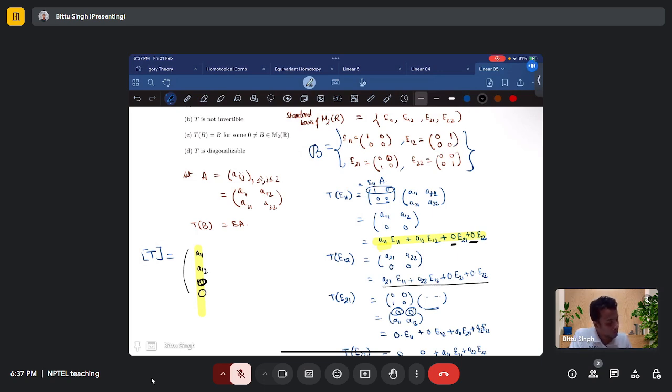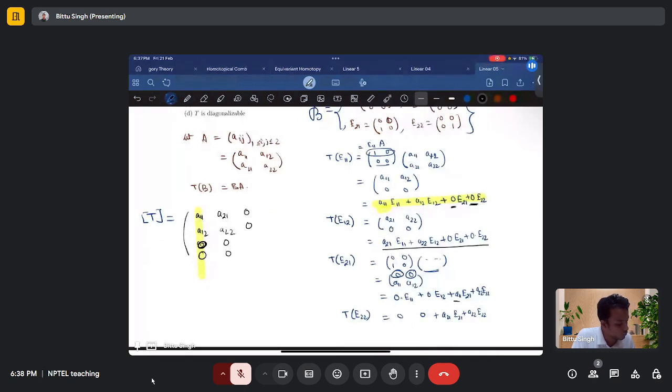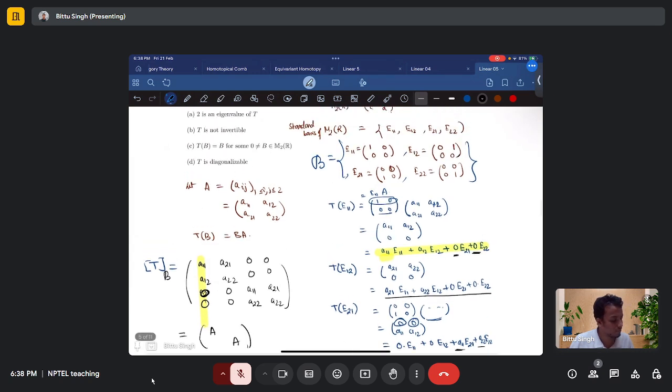Similarly, the next column will be 0, 0, A11, A12, then 0, 0, A21, A22. So the matrix representation of this transformation takes the form A comma A, right?